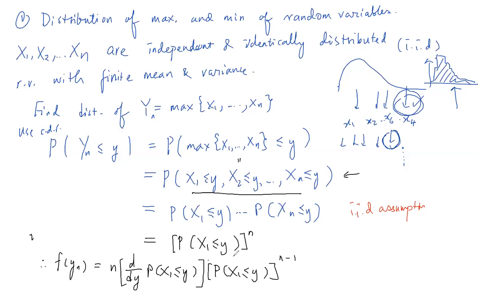All right, okay. So you basically have this result here, the general result, okay. So let's look at some examples when the distribution is given.